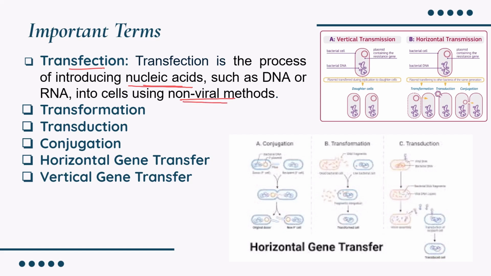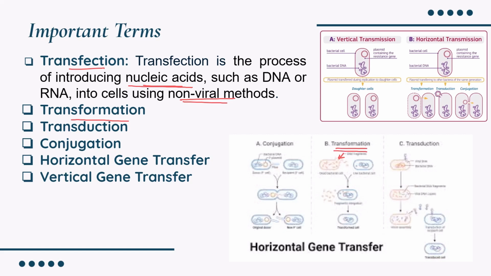So these physical and chemical methods come under transfection. Transformation generally refers to when genetic material is incorporated into a bacterium. Take bacteria as an example: the bacteria get transformed, they get genetically modified. This genetic modification of bacteria is called transformation.